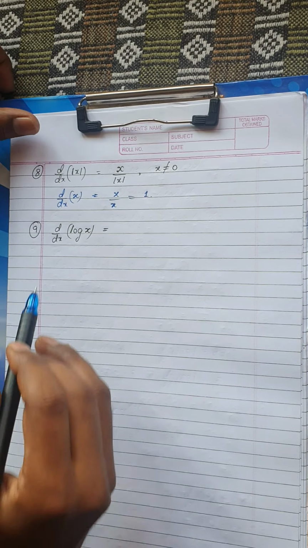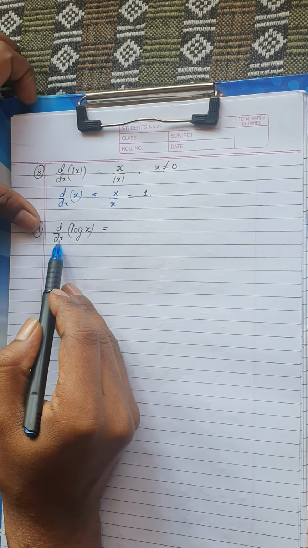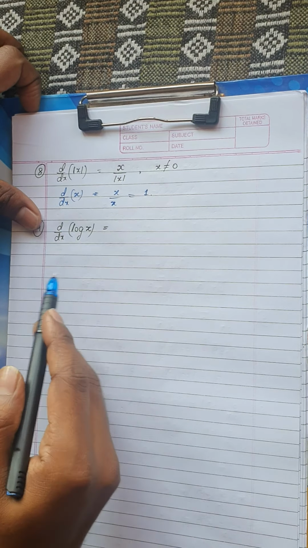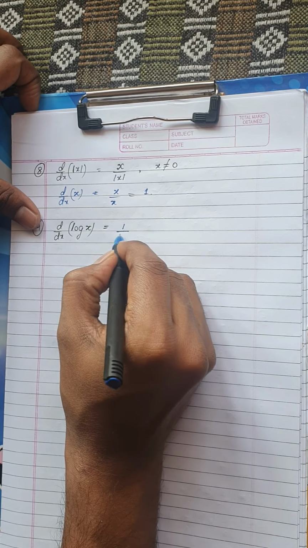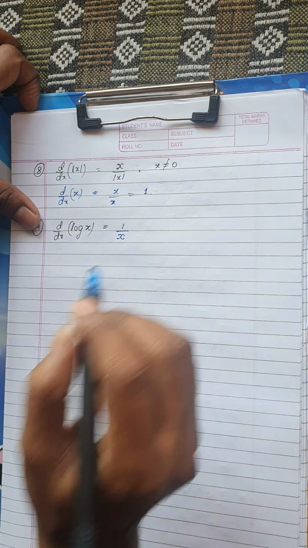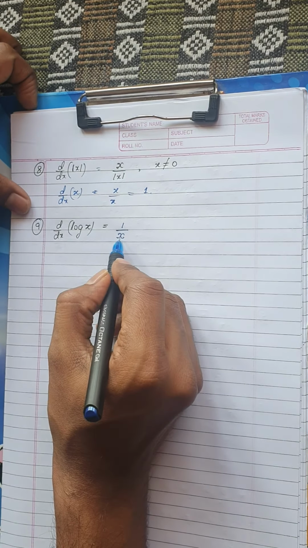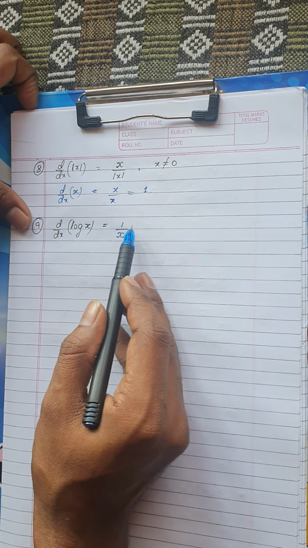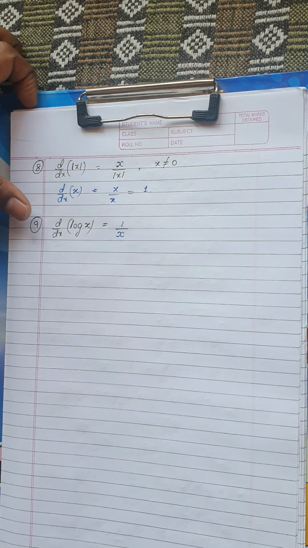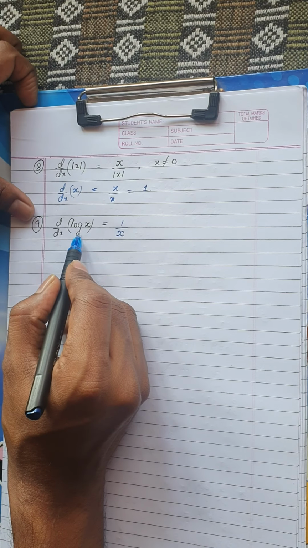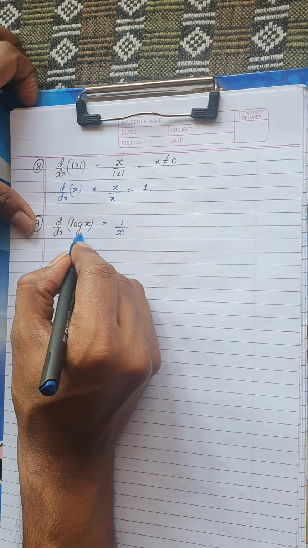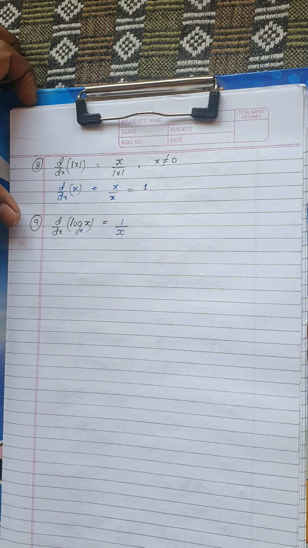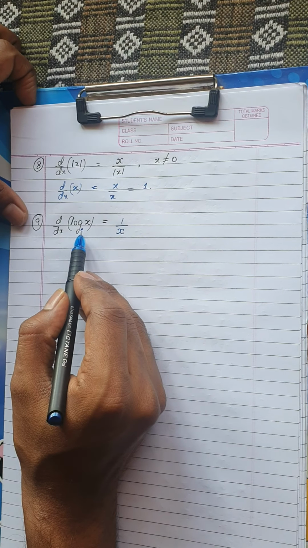We are moving on to the logarithmic function. So the derivative of d by dx of log x is nothing but 1 divided by x. Okay. So the proof we don't see because it should be seen in the first PUC itself. So the derivative of log x is 1 divided by x. Again remember, if the base is not given, it is understood the base is e, log x to the base e.